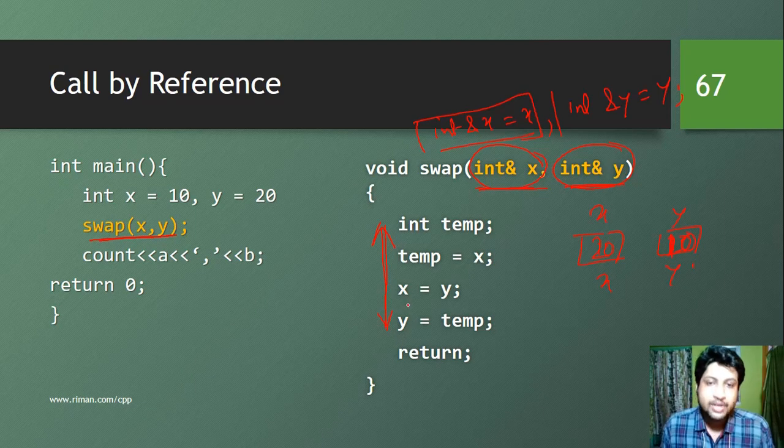Sorry, so this will be x and this will be y. It will be reflected in these variables, and after executing this code, the answer will be 20 and 10, because whatever changes we made here using the reference variables have been reflected here.